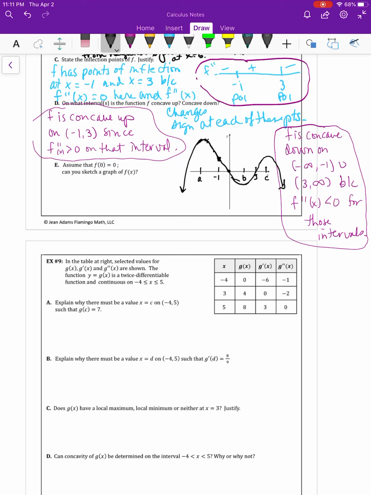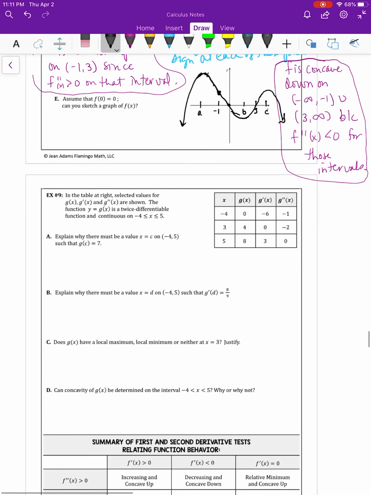Okay, so example number 9. In the table at the right, selected values for g of x, g prime of x, and g double prime of x are shown. The function y equals g of x is a twice differentiable function and continuous on the closed interval from -4 to 5. Explain why there must be a value x equals c on [-4, 5] such that g of c is 7.